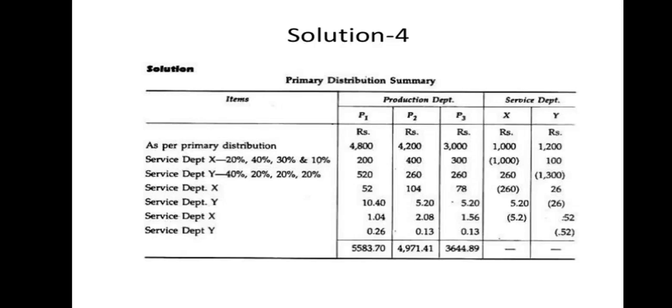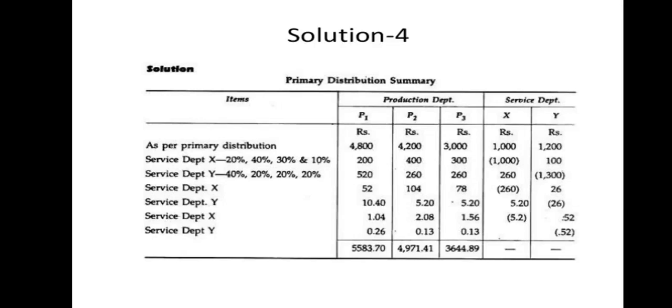So altogether the total of production department overheads is 12,000. And the service departments, namely X and Y. Service department X overheads are 1,000 rupees and service department Y overheads are 1,200.